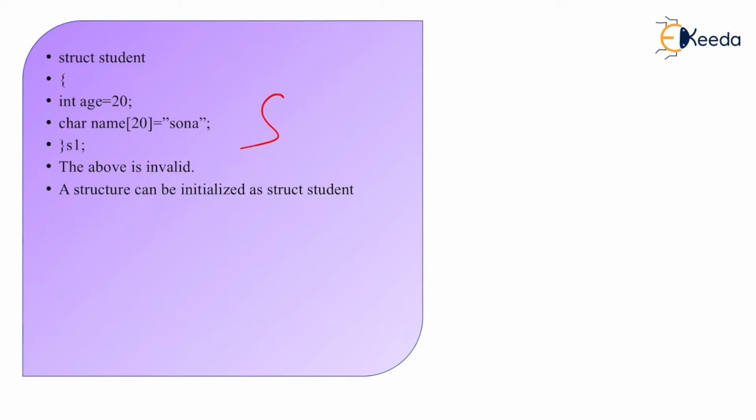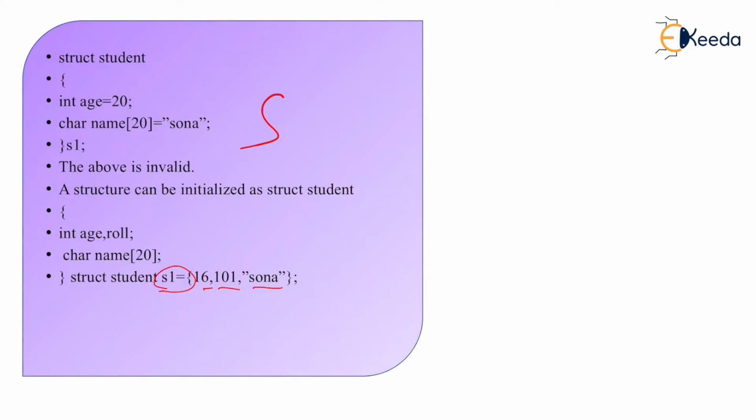Next, a structure can be initialized as struct student with int age, roll number, char name. Then we can specify values like this for the particular variable. For s1 we can say the age is 16, 101 is the roll number, and Sona is her name.